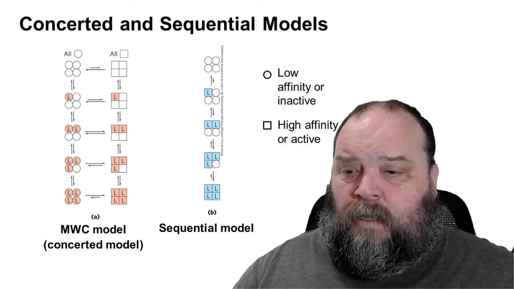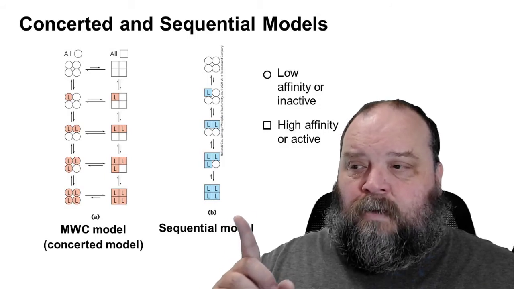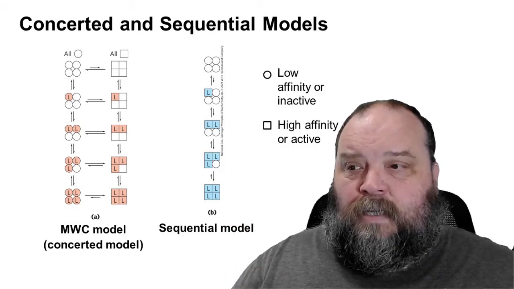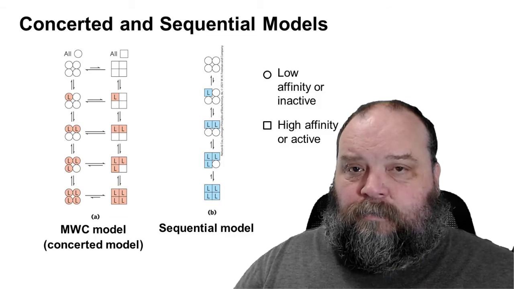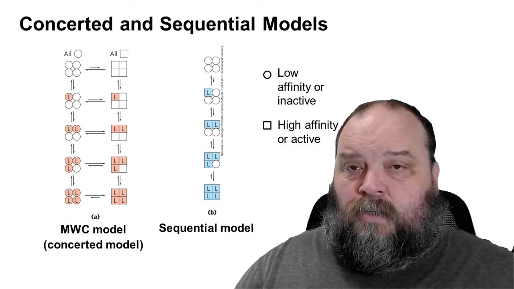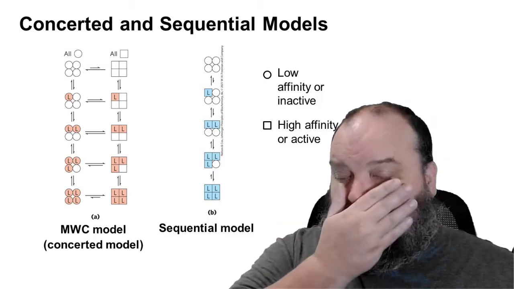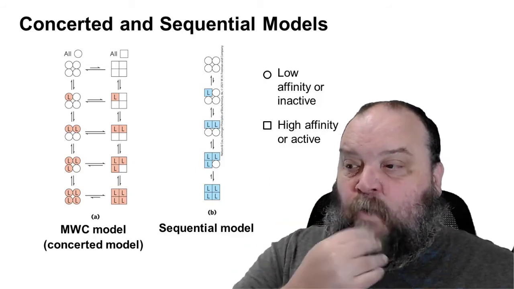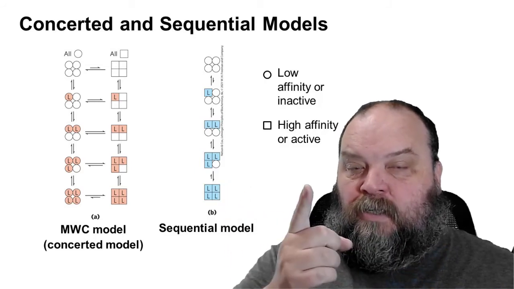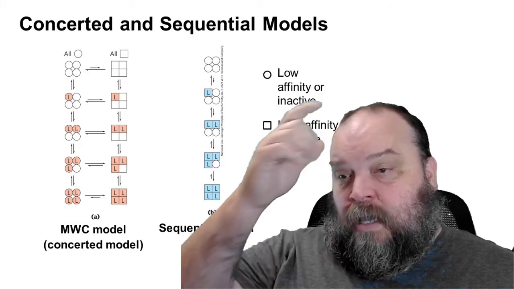The MWC model, you notice at the top left there, low affinity state, high affinity state, circles, squares. All subunits are circles, low affinity state, until one of the subunits binds the ligand, oxygen. Forces it to go, as you see, as it slides to the right there, transitional change from the T to the R state.